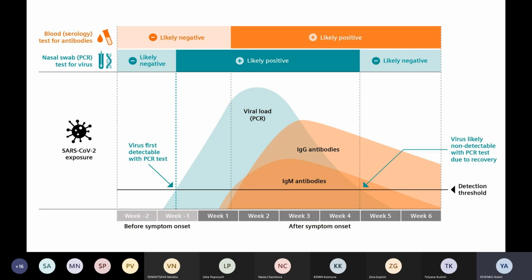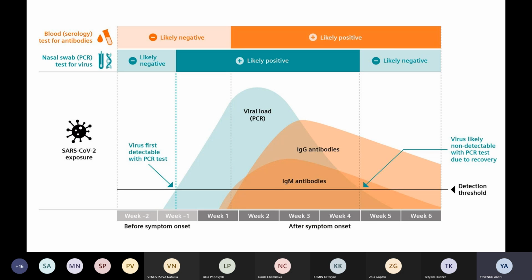So in contrast to the PCR test, antibodies start developing, as you can see on this slide, at the end of the first week. So we use immunoglobulin M antibodies to determine if there is an acute infection, and antibody G, immunoglobulin G, to determine if the infection has passed.